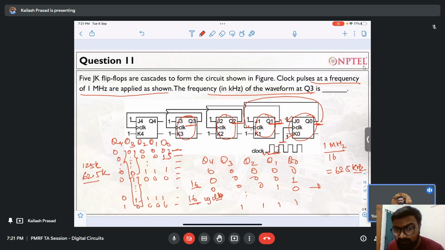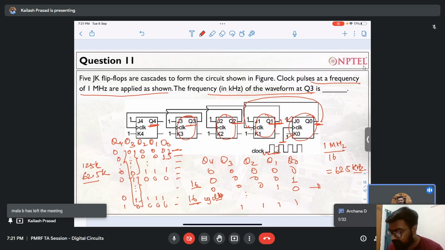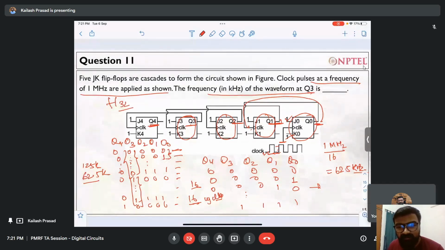And if I would have asked Q4, what would have been the answer? Anybody? Frequency of Q4? F by 32. Can you give me the number? 31.25.